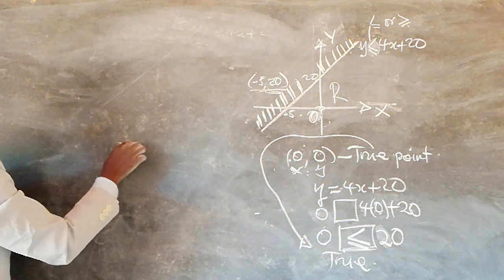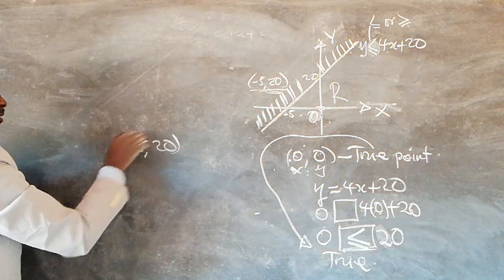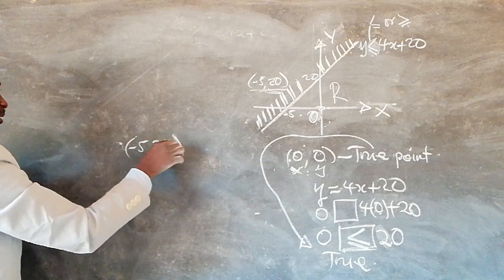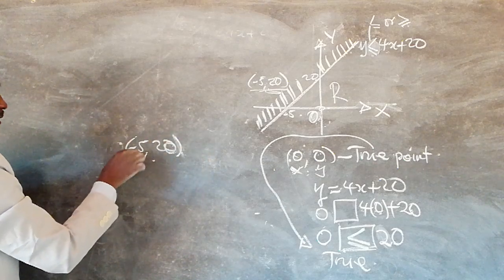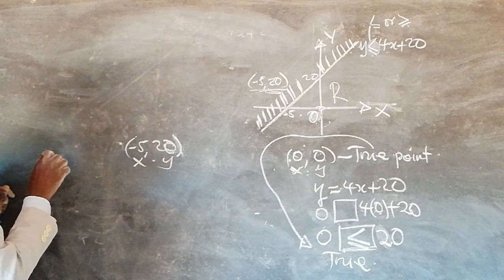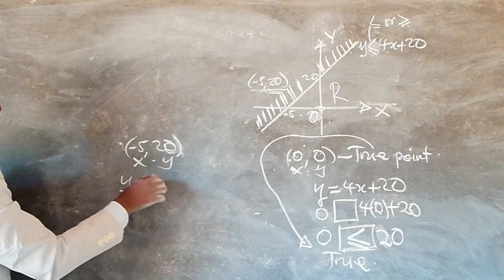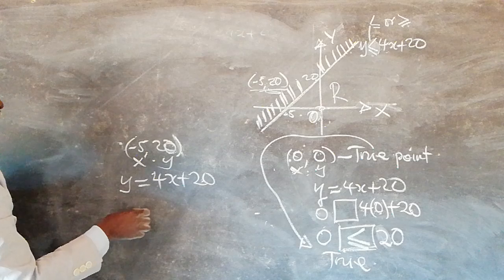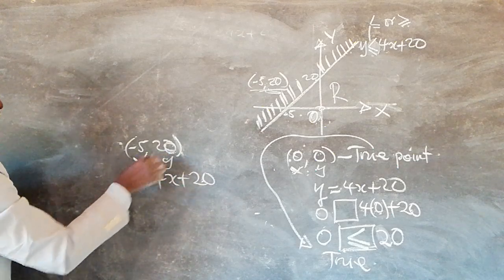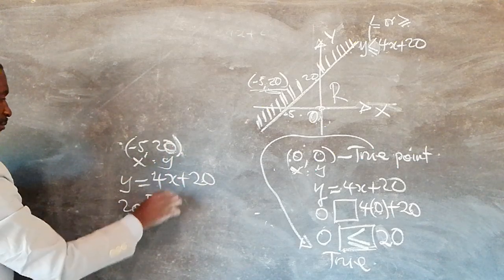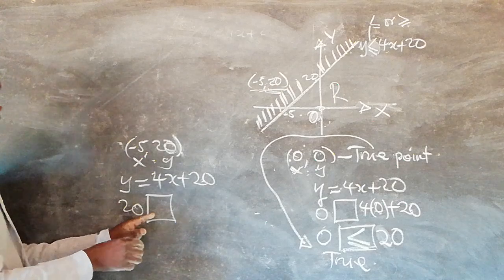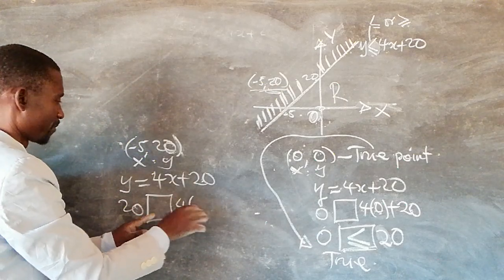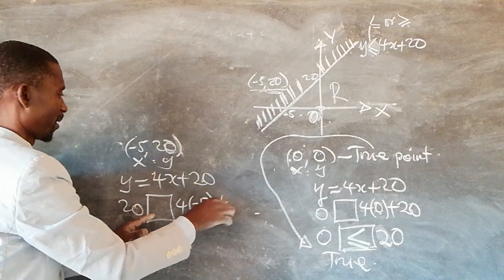So if you try -5, 20 in the function, this is x and this is y. Remember the coordinates. So you write the function y equals 4x plus 20. So look at this x and y. y is the 20, then a box, because we want to replace an equal sign. Then 4 multiplied by -5 plus 20.